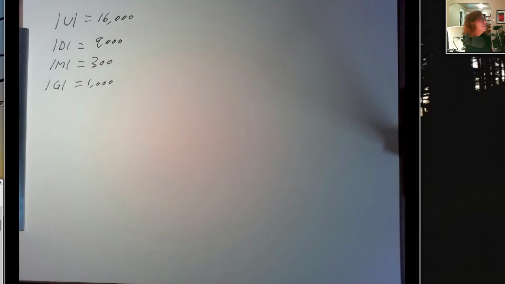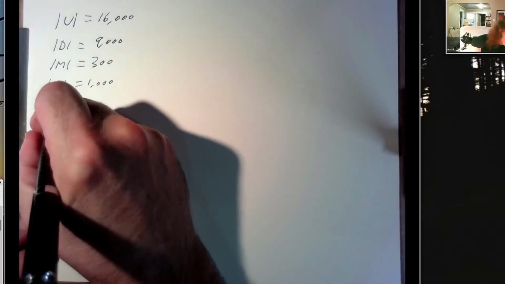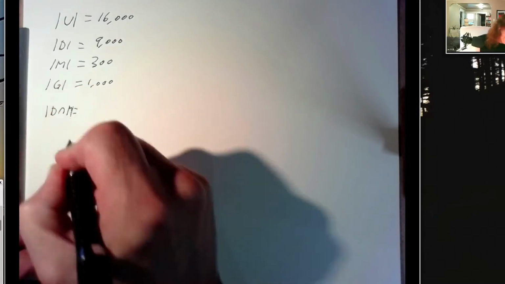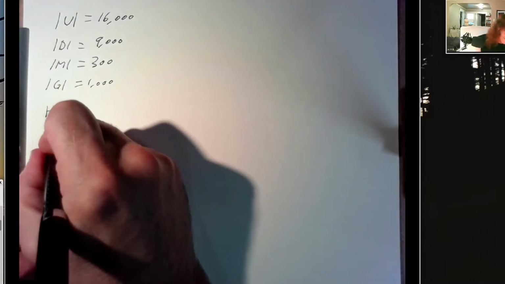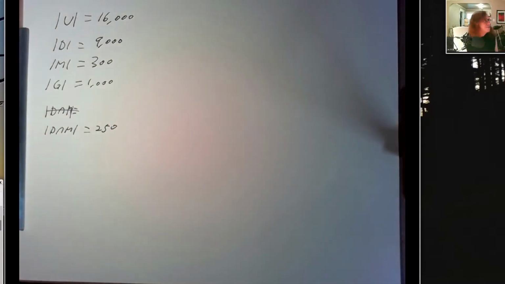We're also told that the number of day students who are math majors is 250. So what does it mean to be a day student who's a math major? It means you're in the set D and you're also in the set M. So we're told that this intersection, D intersect M, has a total of 250 students in it.